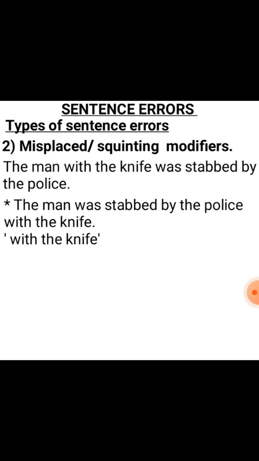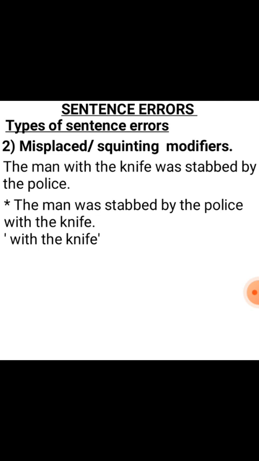So you have to think about the statement you want to say, and then use the right modifier attached to the right word. So: the man was stabbed by the police with a knife. Here "with a knife" is the modifier. We understand that the man was stabbed with a knife by the police, meaning the police was holding the knife and used it to stab the man.